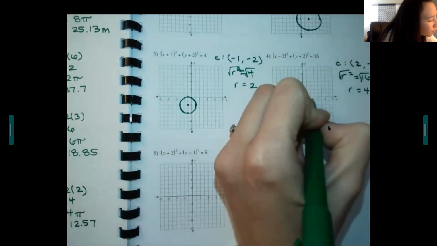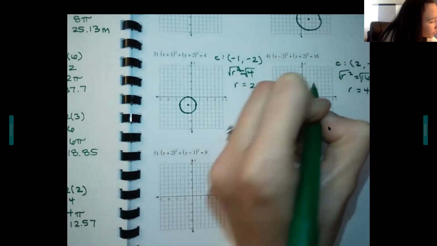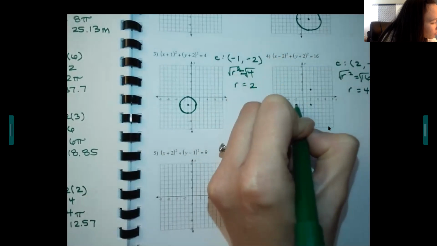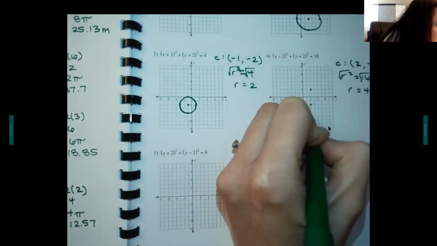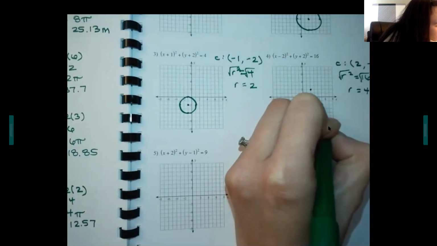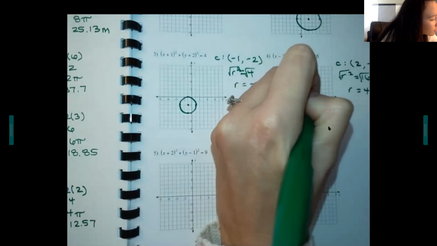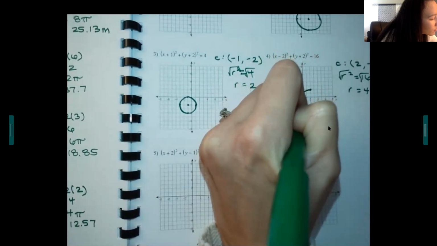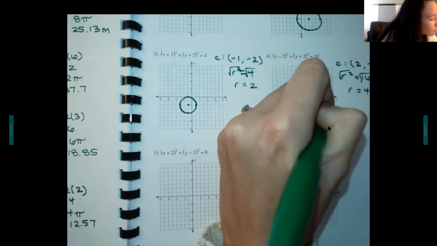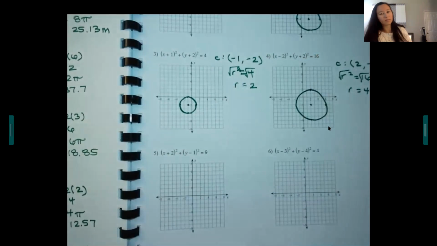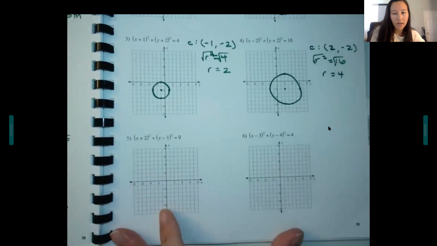And then our radius is 4. So we go up 1, 2, 3, 4. Left 1, 2, 3, 4. Down 1, 2, 3, 4. And right 1, 2, 3, 4. Thank you, Jaden. Very good.